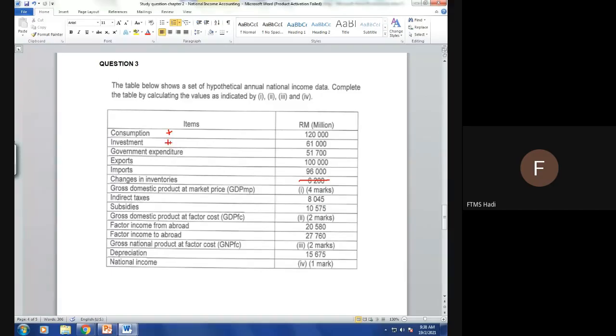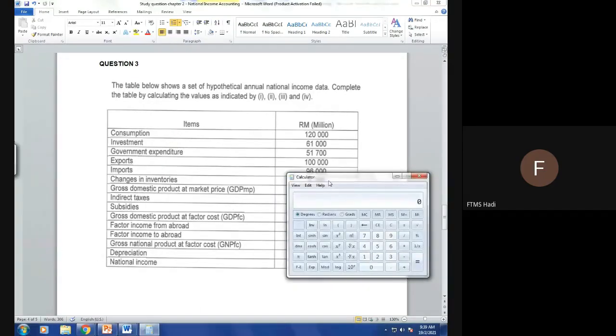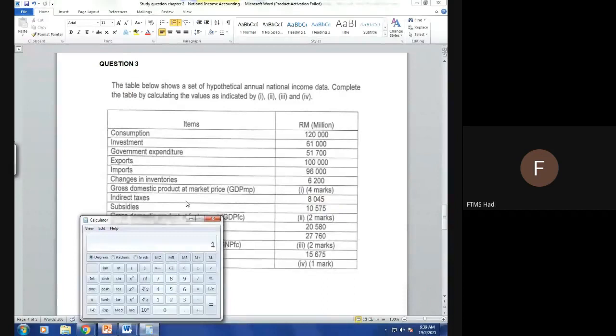So if you press the calculator, you will get the answer: consumption 120,000 plus investment 61,000 plus government expenditure 51,700 plus export 100,000 minus import 96,000. Changes in inventories you don't have to put.